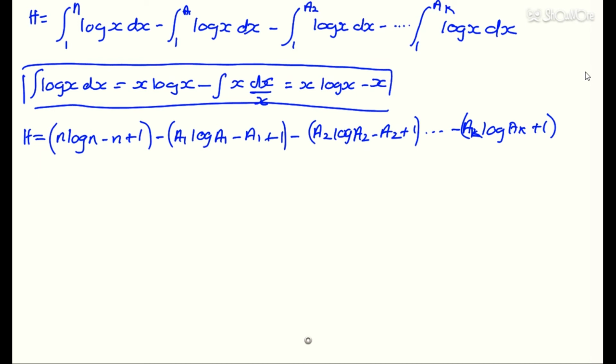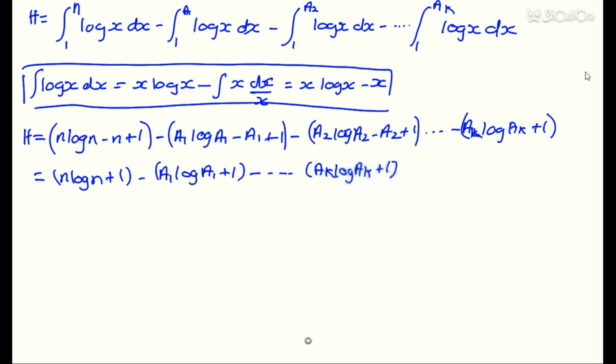Therefore, this can be simplified as n log n plus 1, minus a1 log a1 plus 1, until minus ak log ak plus 1, because you can notice that in our case the sigma here is minus n and here is plus.